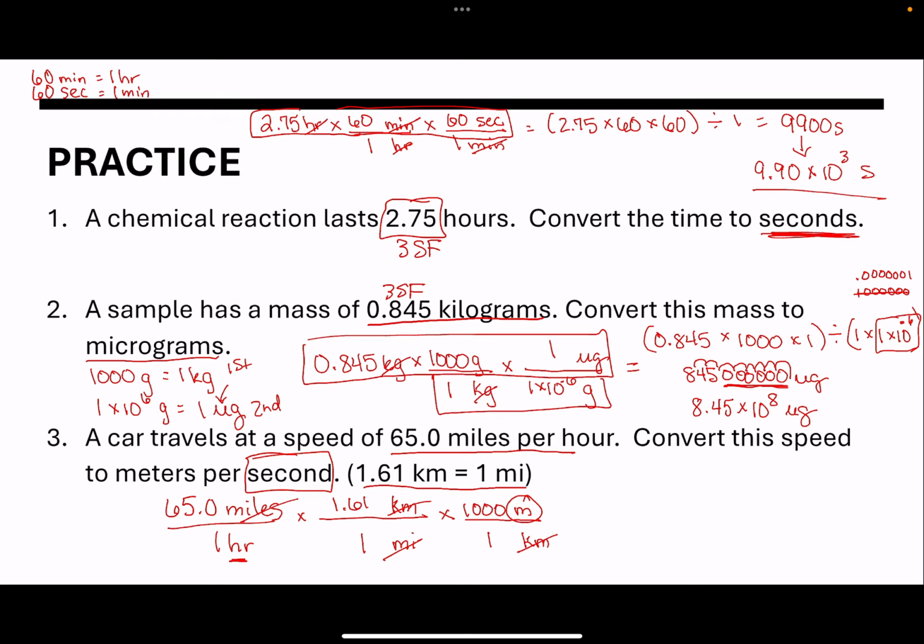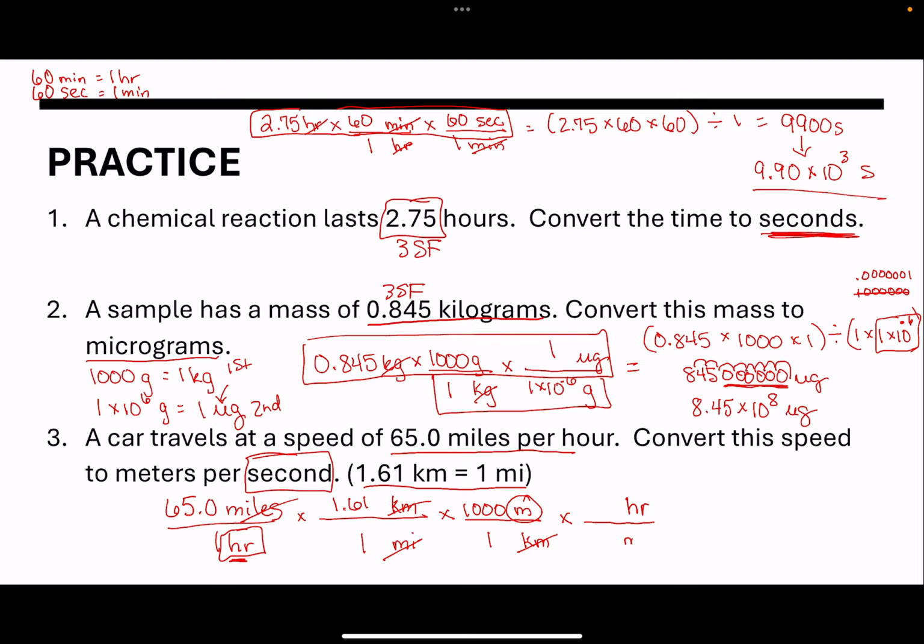So even though we now have meters as one of our units, we need to have meters per second. So we need to have second on the bottom. So we are going to get rid of our hours. And if we have hours on the bottom here, the way to get rid of it is to put it up here on the top.